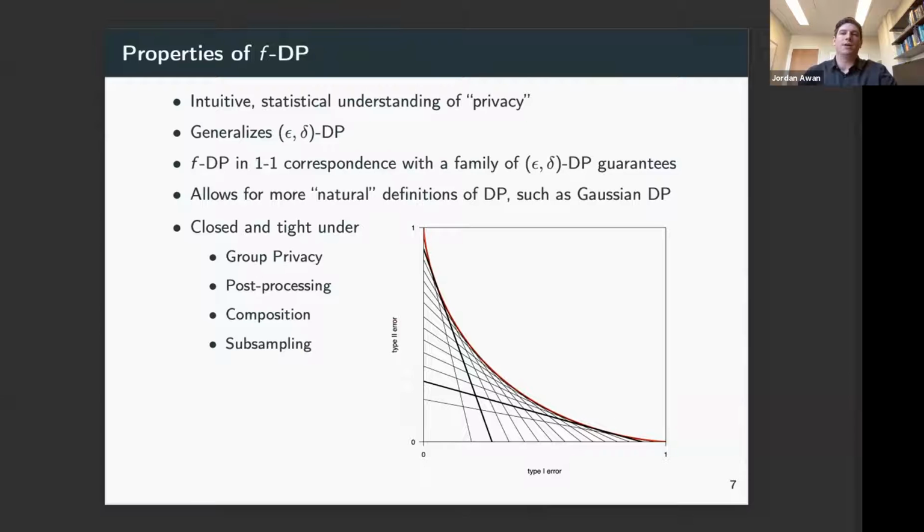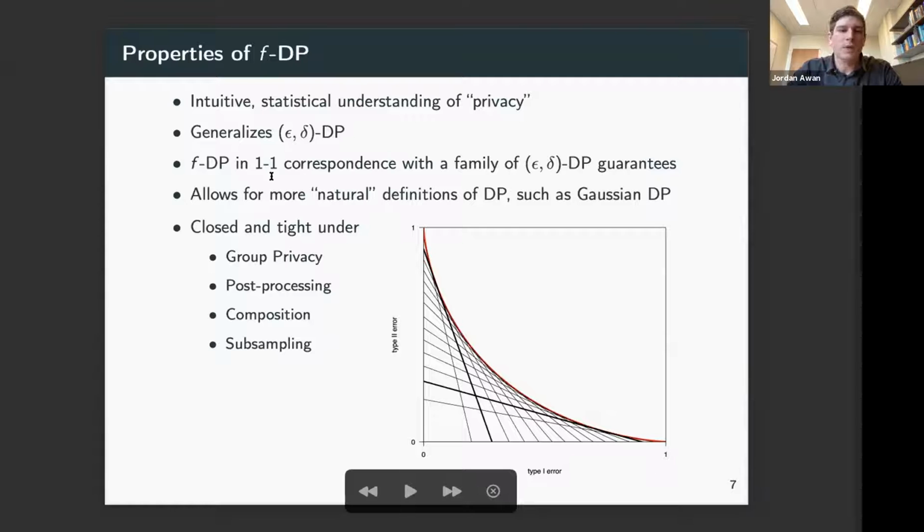We already saw that epsilon-delta is one instance of f-DP, so we're not losing anything by using it. And f-DP is in one-to-one correspondence with a family of epsilon-delta guarantees. This is shown in this plot here. If you take a tangent line of f, you can convert that to an epsilon-delta guarantee.